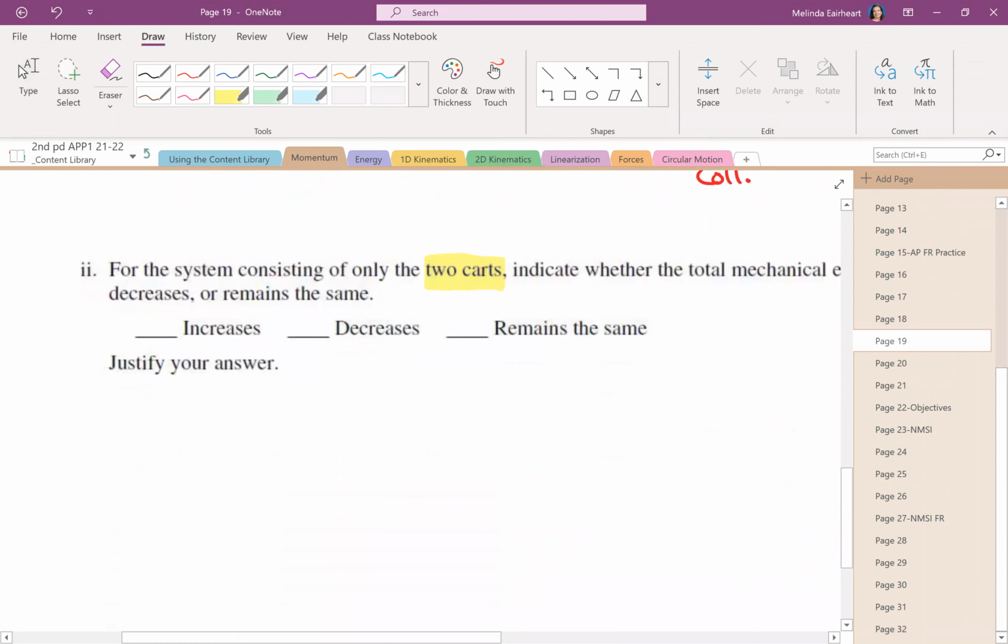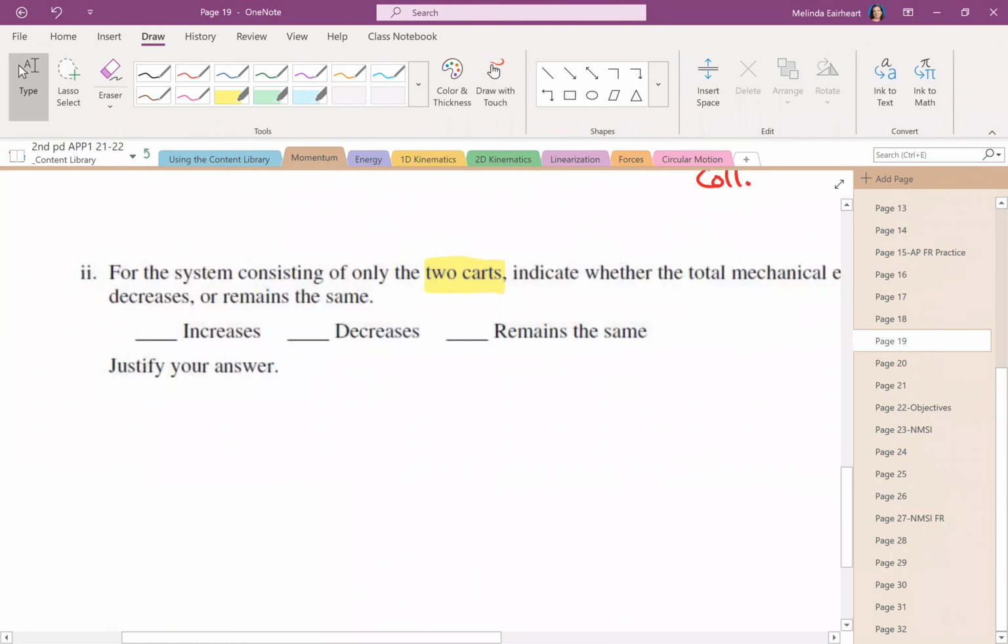Okay. What if it's just the two carts? So then mechanical energy initial is equal to what? Gravity is going to be outside, but it's just the kinetic energies of the systems, right? And in the beginning, what is that kinetic energy? Nothing. They're released from rest, right?